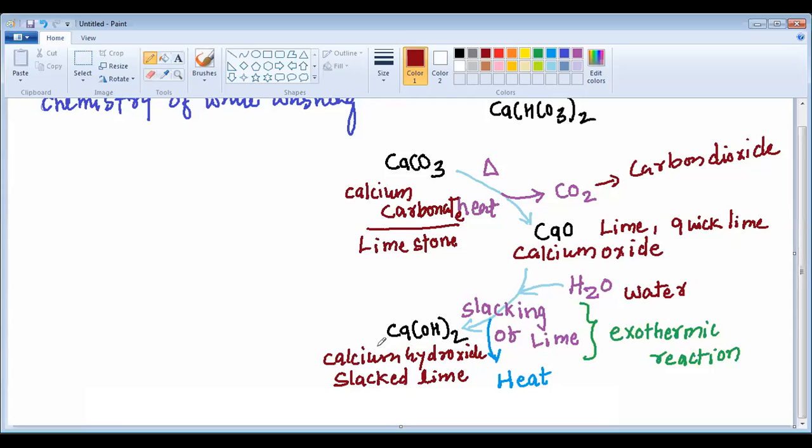Now, my dear students, there are two possibilities for this calcium hydroxide. This calcium hydroxide is partially soluble in water.